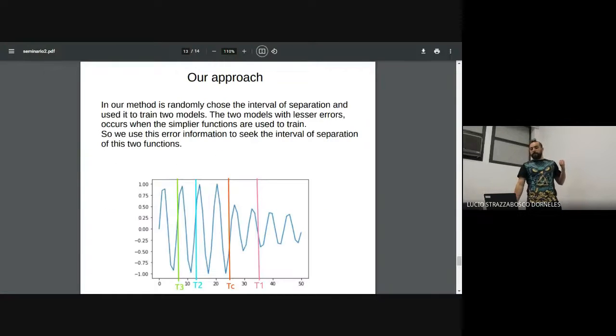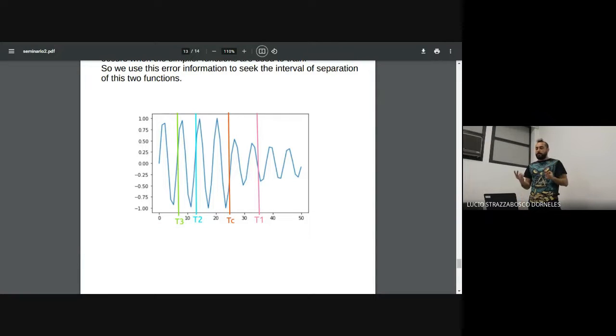So in our approach, we forget where we made the two functions, and we randomly choose a separation and then train two neural networks, and then we compare with the best model. And when we get the lowest mean error, we think that will be the division that forms two simple functions.